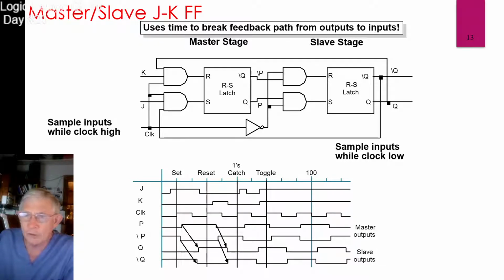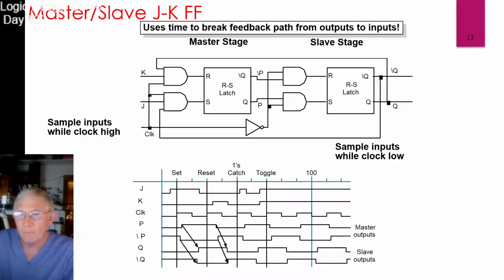Any change in this is going to be reflected in the feedback, and while the clock is low, you can set up your new J and K, but they don't get propagated to R and S, or only one of them will be propagated when the clock goes back high.